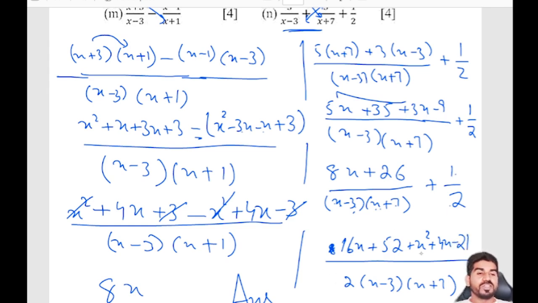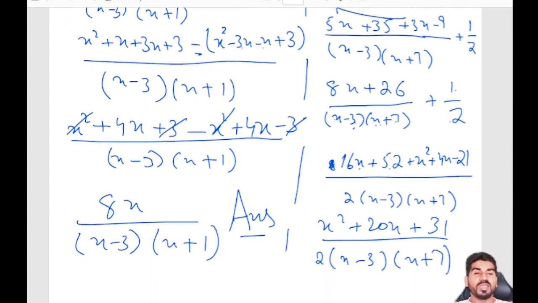Now 16x will remain as it is, and 16x plus 4x will be 20x, and 52 minus 21 will be plus 31. So the denominator will remain as it is, 2 times x minus 3 times x plus 7.